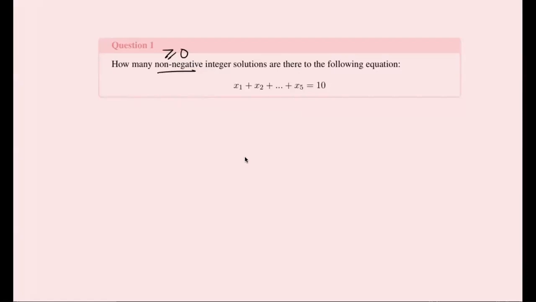One solution you might have in mind is x1 = x2 = ... = x5 = 2. There is one possible solution. Or you can do x1 equal to 10 and x2 up to x5 equal to 0. This is also a possible solution. So we want to count how many such solutions there are that satisfy the equation.